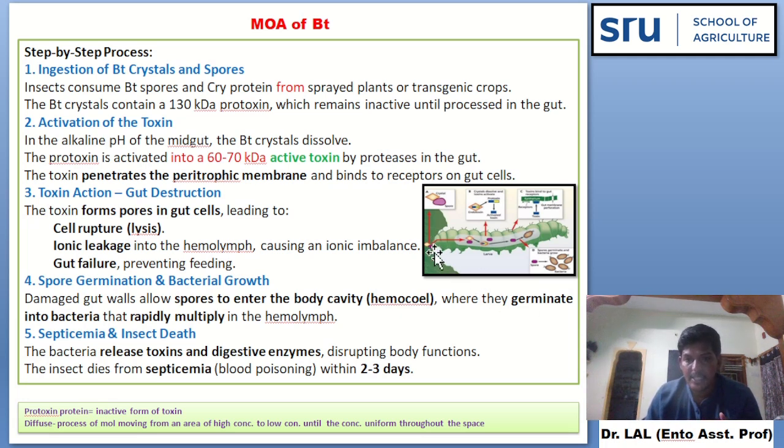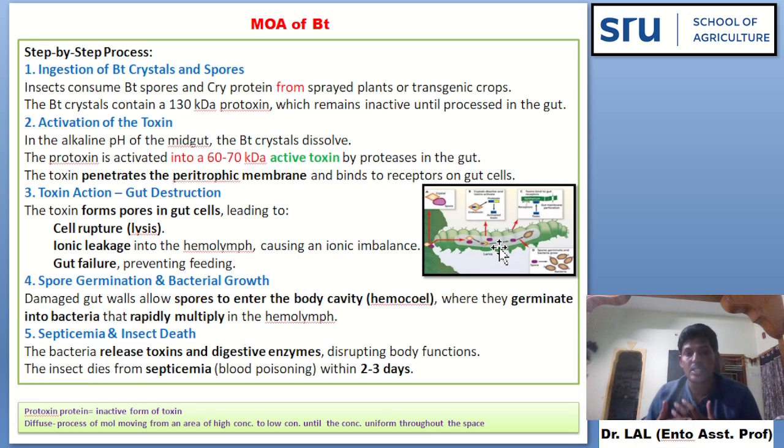These Bt crystals contain a 130 kilodalton protoxin which remains inactive until it is processed in the insect midgut. Next, activation of the toxin. In the alkaline pH of the midgut, the Bt crystal dissolves and the protoxin is activated into a 60 to 70 kilodalton active toxin by the action of protease enzymes in the midgut of the insect.